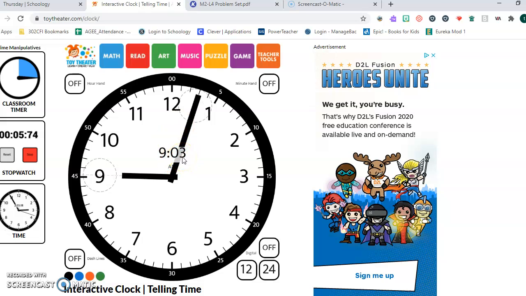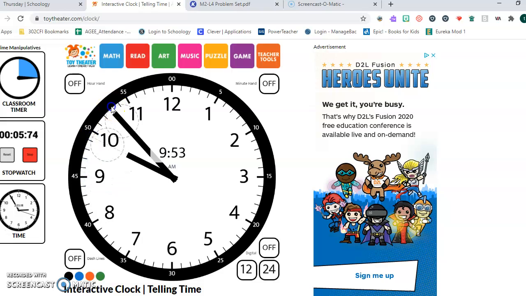I've got 5 fingers up. Each finger stands for 10 minutes, so that's 50 total minutes. 9:13 is 10. 9:23 is 20. 9:33 is 30. 9:43 is 40.